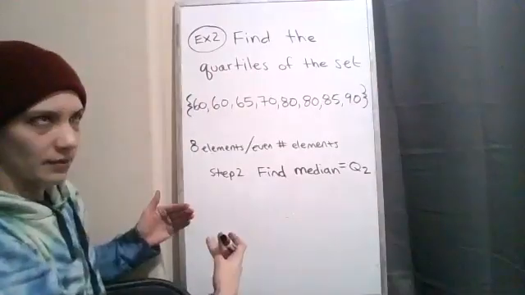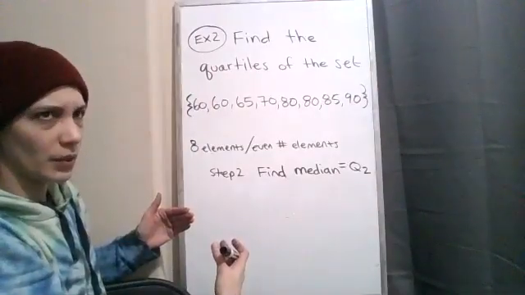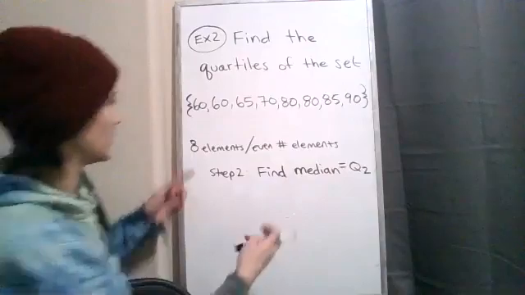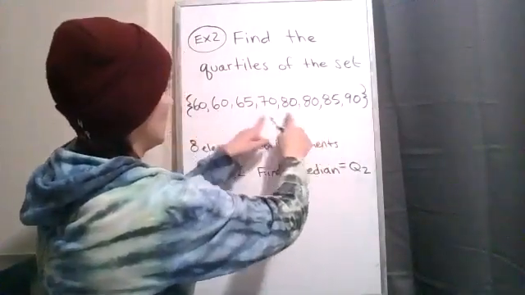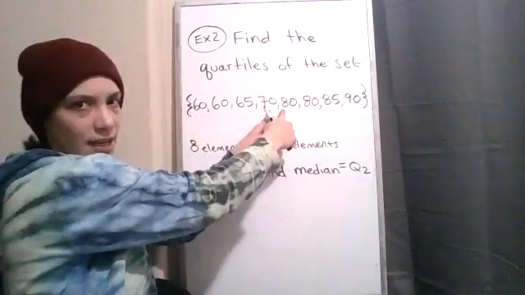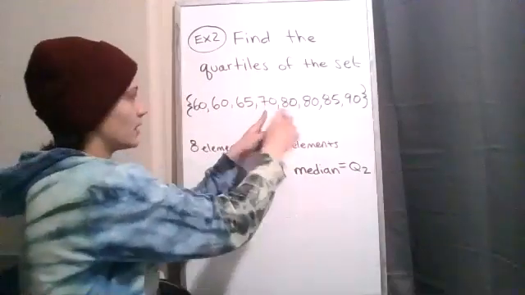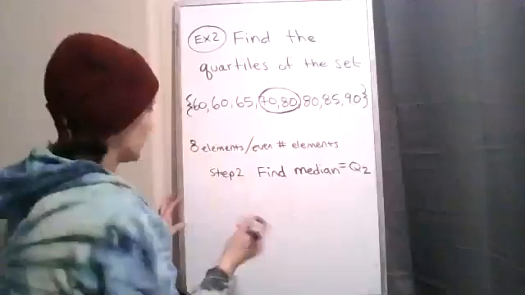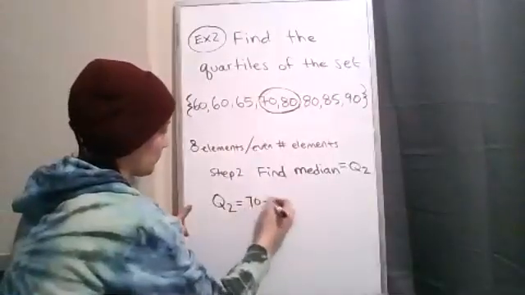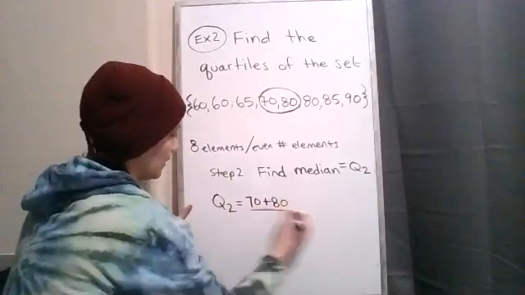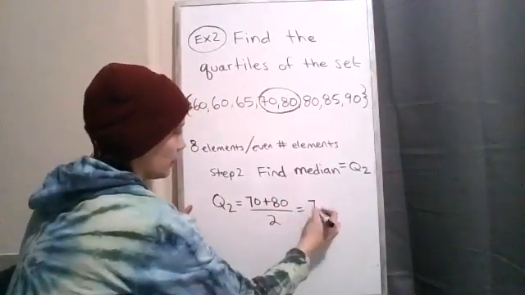Okay, so it should be right in the middle or divides the middle. We'll find out. Let's see. 1, 2, 3. Here. So it is the average of 70 and 80. Should be 75.